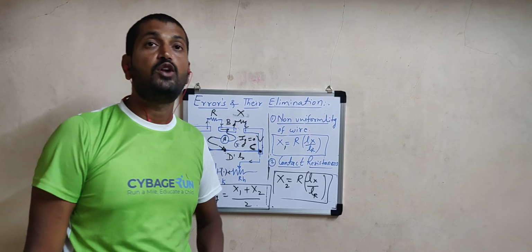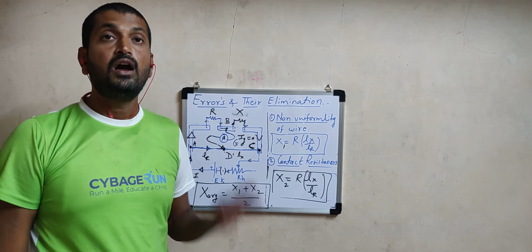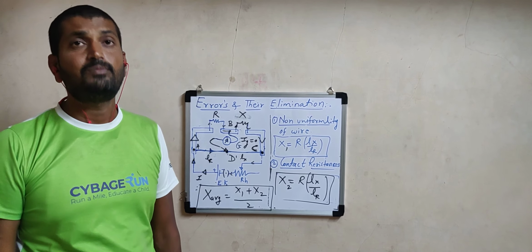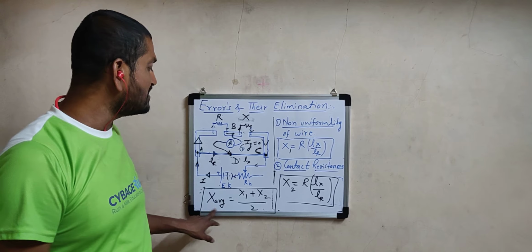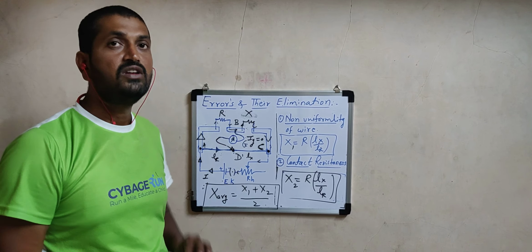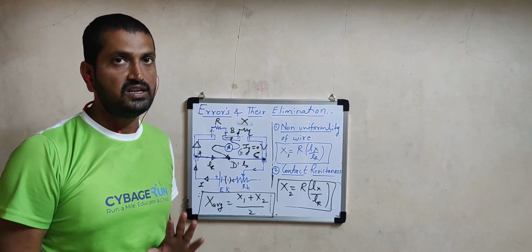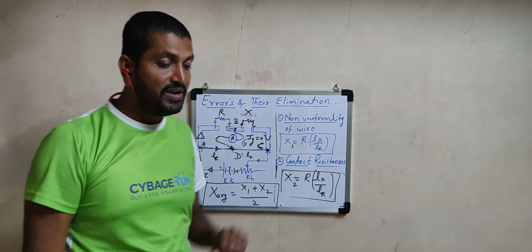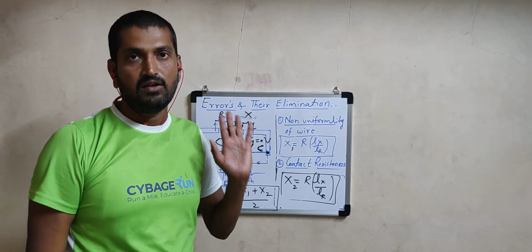That average value is said to be the more accurate value of the unknown resistance of the given metallic wire, or of the galvanometer. If it is a galvanometer, only the formula changes: G = (G1 + G2) / 2. Is it clear to you? So this is about errors and their elimination in the meter bridge experiment. Okay, thank you.